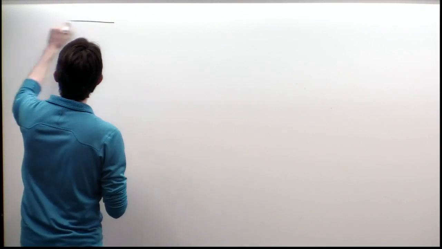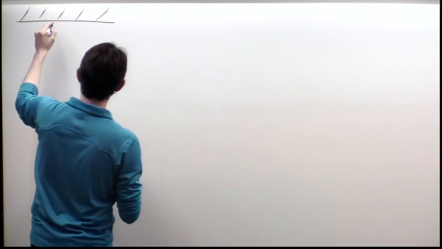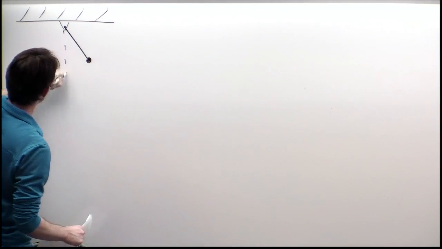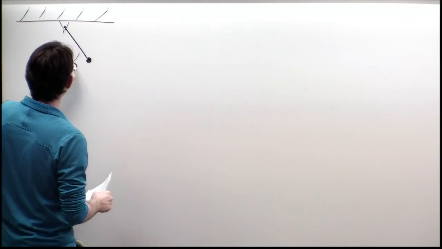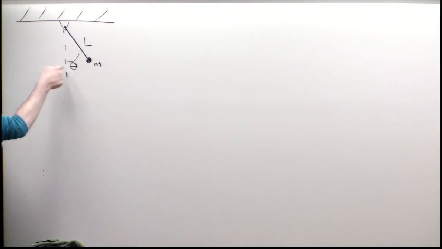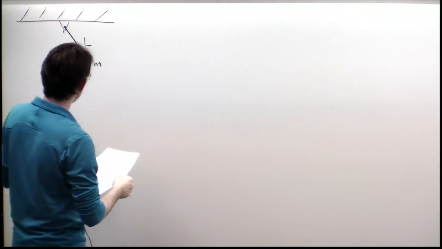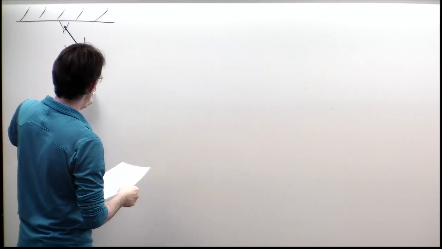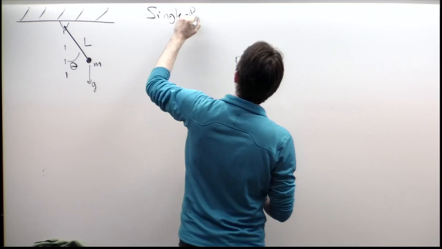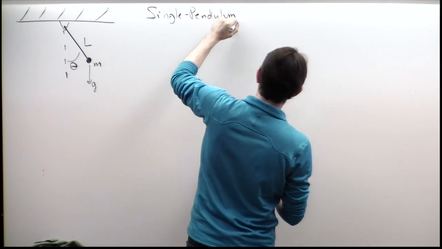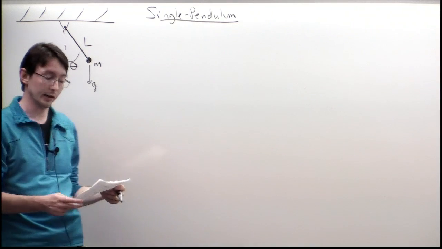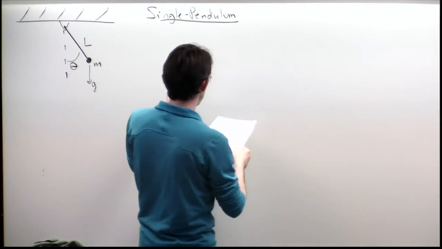Okay? So we have the single pendulum. Just let's be explicit. I have a mass on a length, and it can pivot with angle theta. The mass is being pulled down by gravity. Now you don't need to know Lagrangian mechanics or Hamiltonian mechanics to solve this, but it happens to be a lot easier if you do.